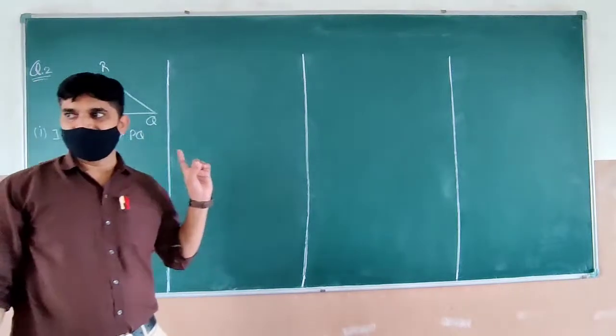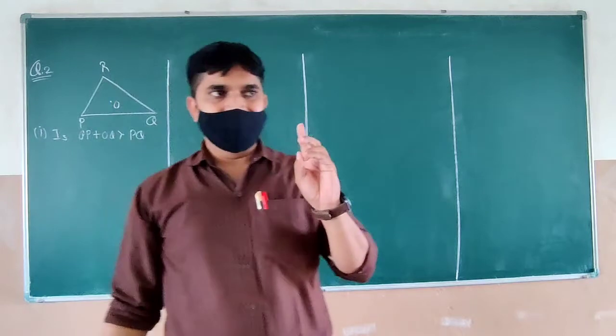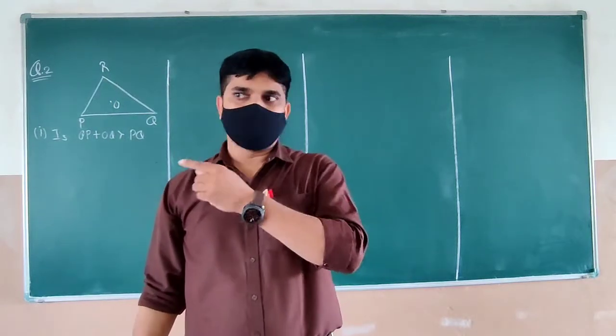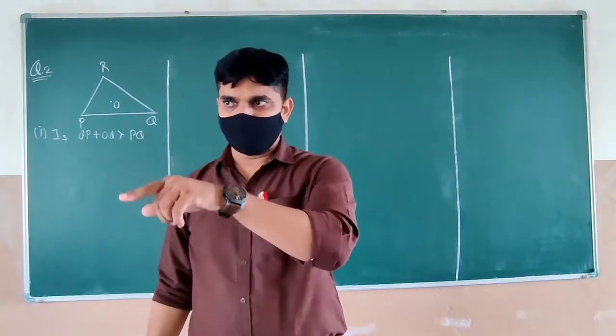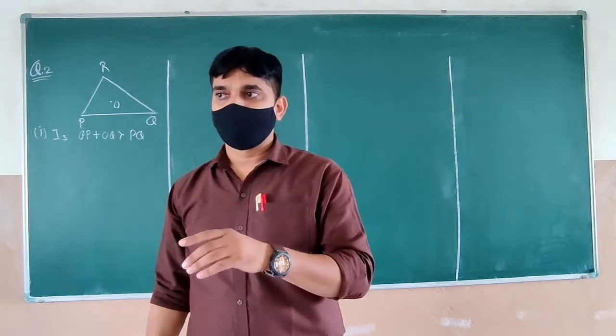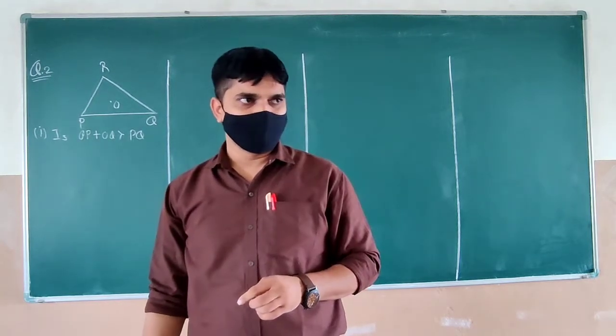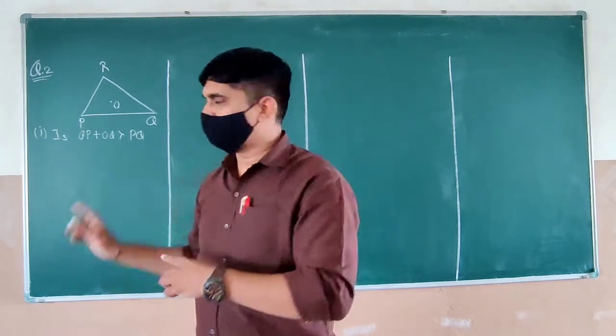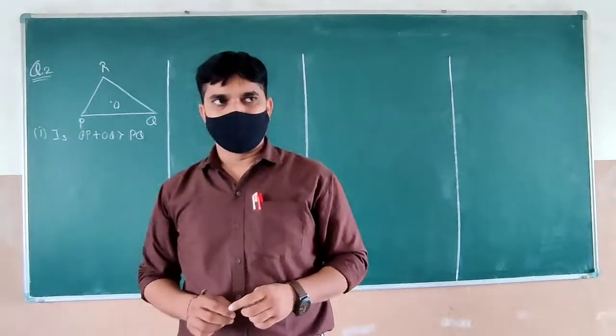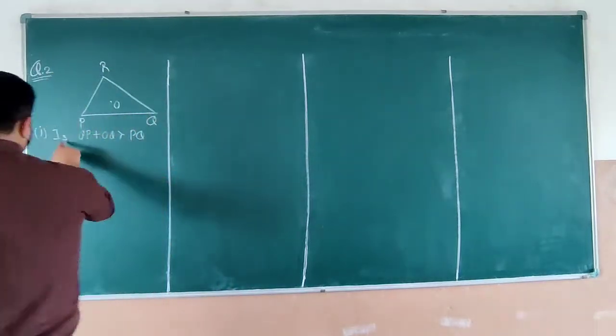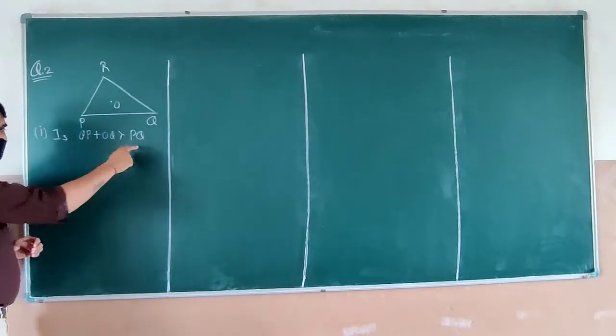They asked us this question. Understood? Now we know the property. Whatever Milan told, you heard that property. We will use that property and solve this question: is OP plus OQ greater than PQ?